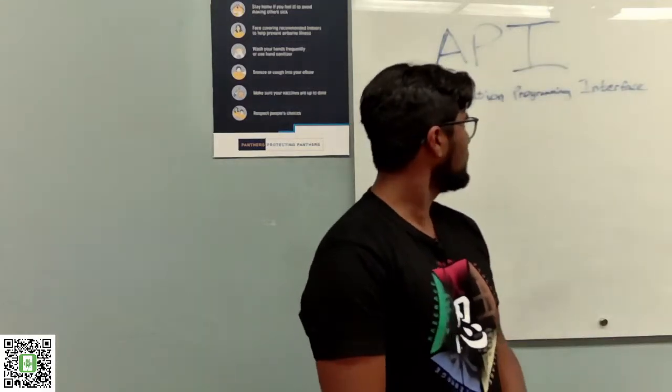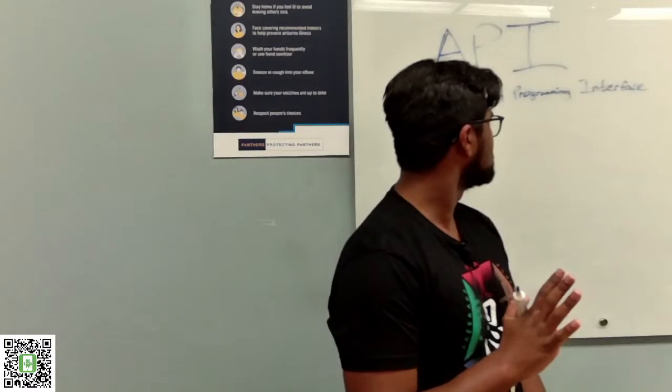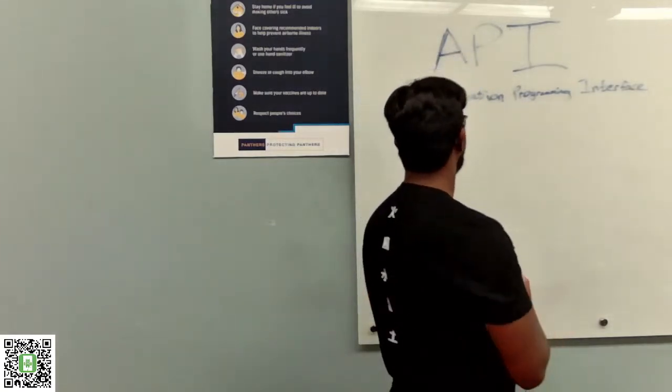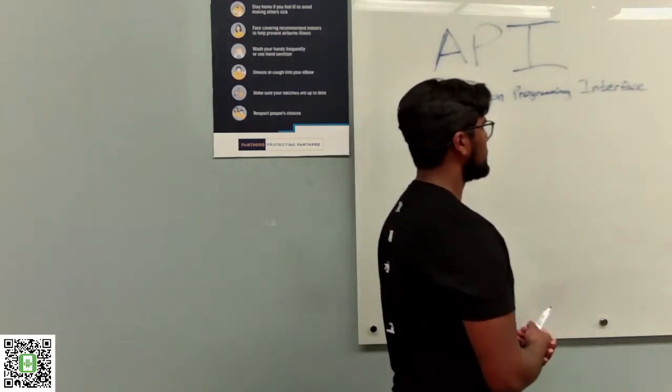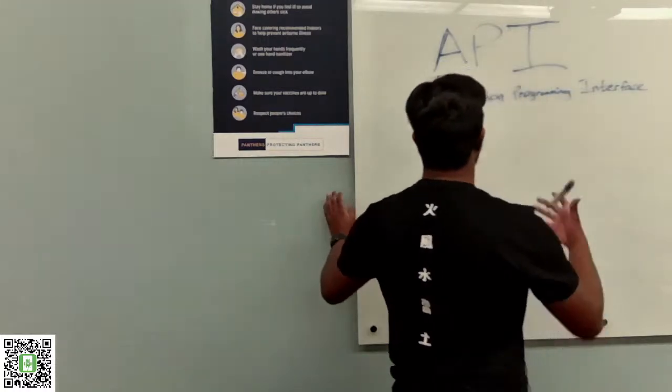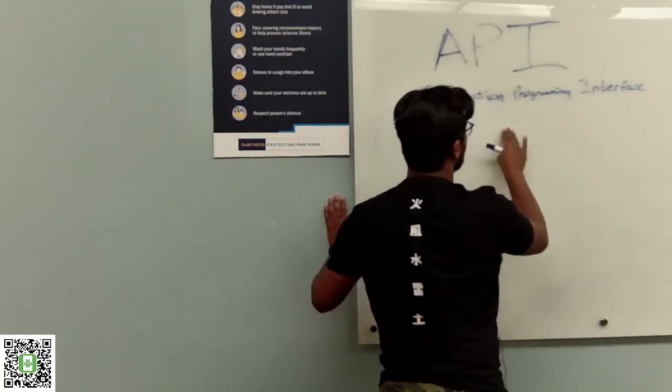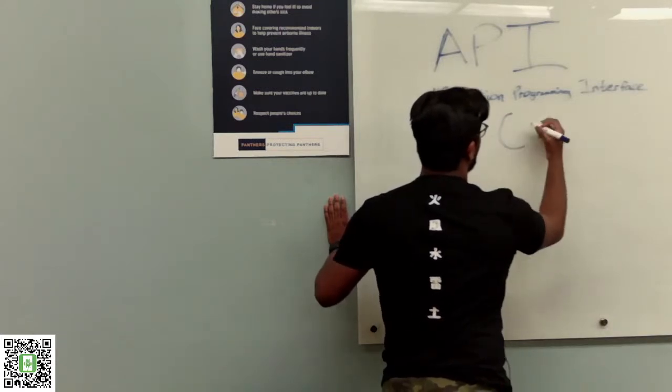So yeah, with that, there are a couple of things that you could do with an API. The most common that you will see when it comes to an API is this term, which is very similar.